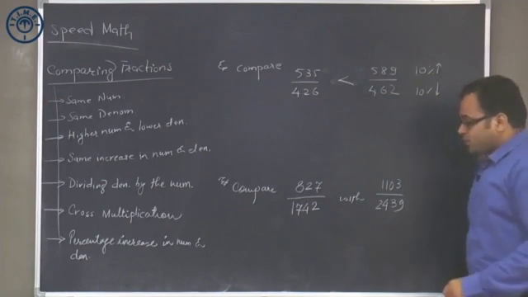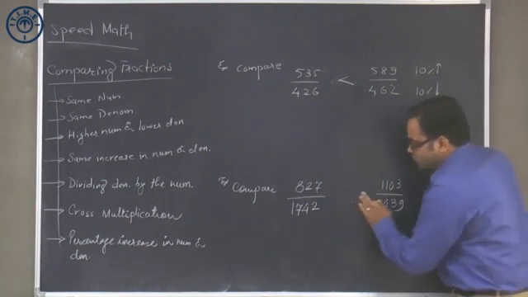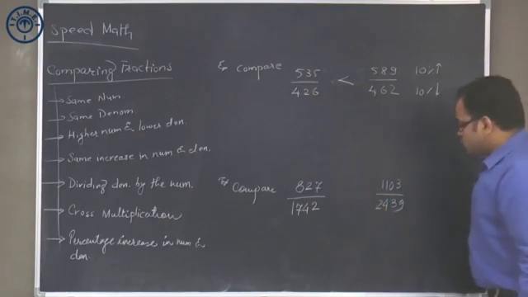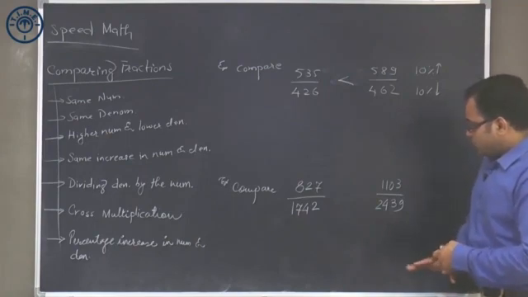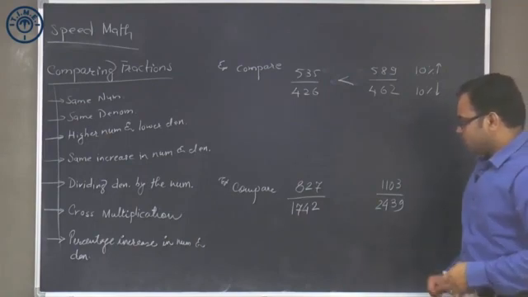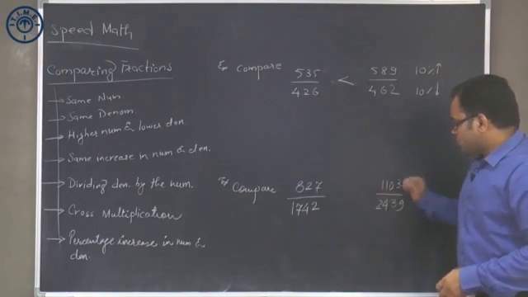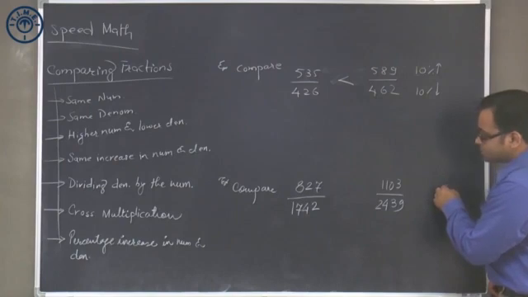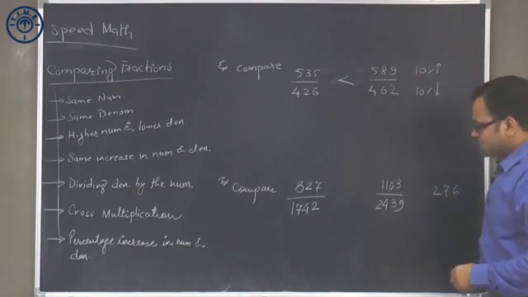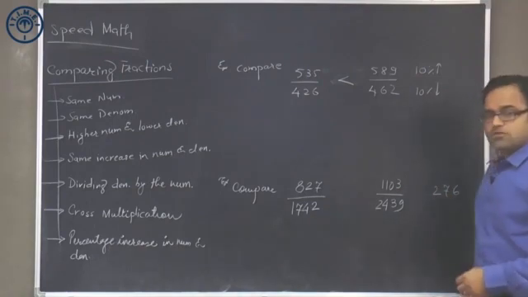Second example, 827 upon 1742 is to be compared with 1103 upon 2439. From 827 to 1103, the difference is 276. 276 will be approximately 1/3 of 827.